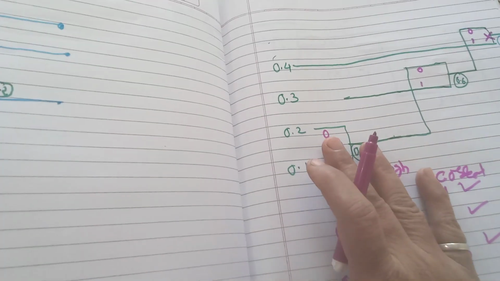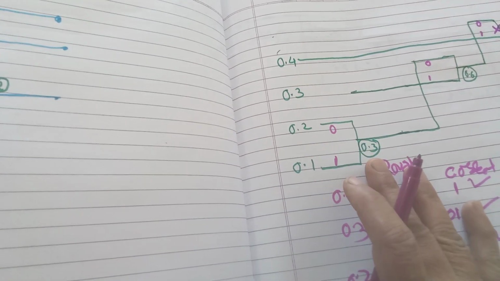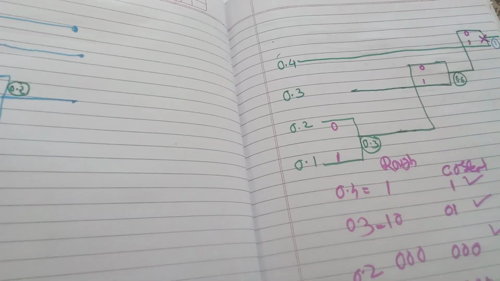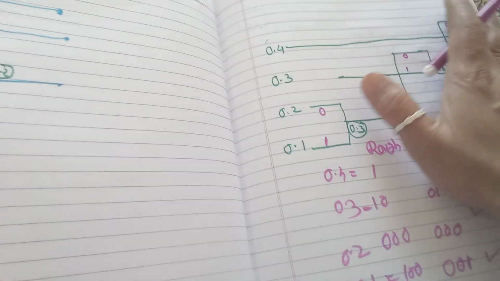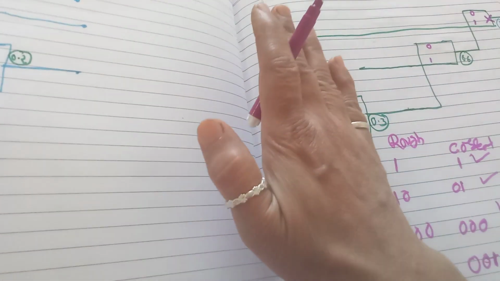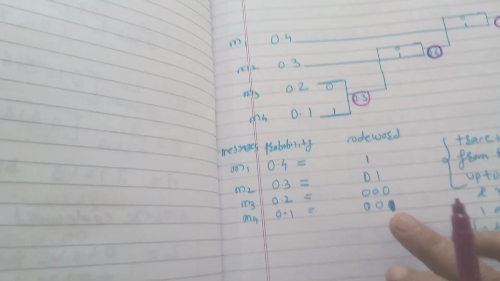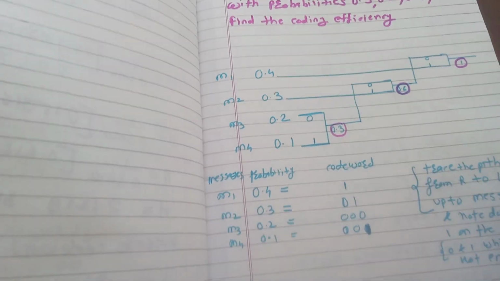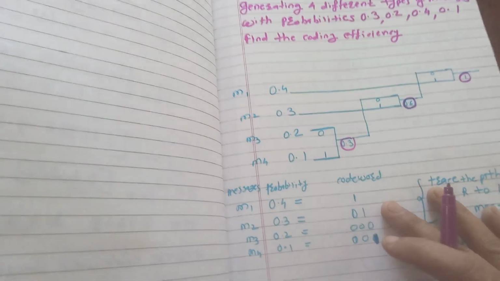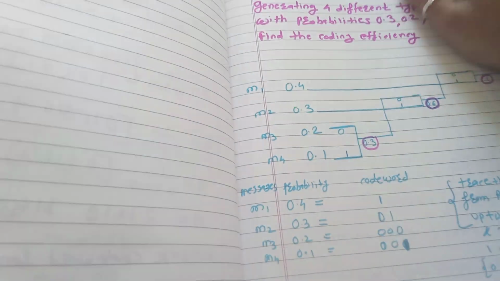If you are able to do that, it will be okay, but for me it is hard to go from this side; it is easy for me to go from this side. So 0 0 1, this is the code. Now the same is written here. I will provide the notes of this in the description box.